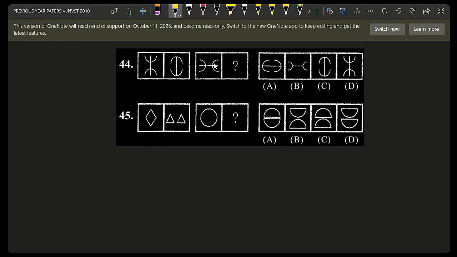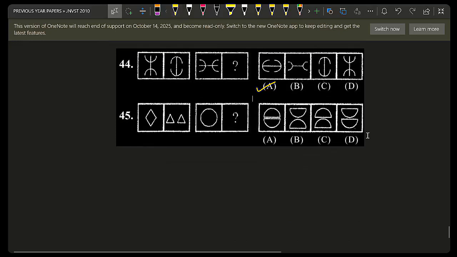So here they have to change the directions, and option A is correct. And the 45th one. What is happening in the 45th one? First it is divided into 2 shapes, and they kept them side by side.